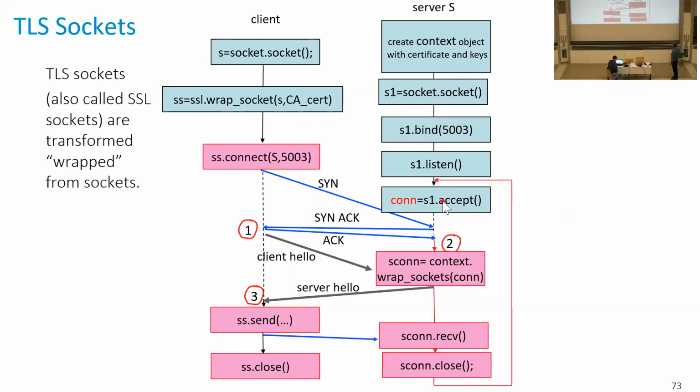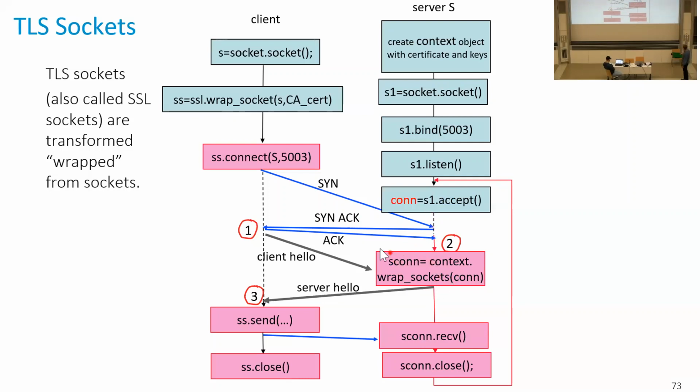And accept means I consume one SYN packet and fork a socket. Here, this is what will be done in two steps. So first we fork a socket, and then this forked socket needs to be transformed into a TLS socket. So this is why this is done in two steps.